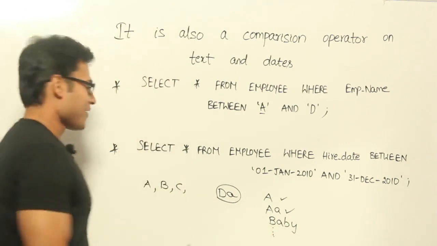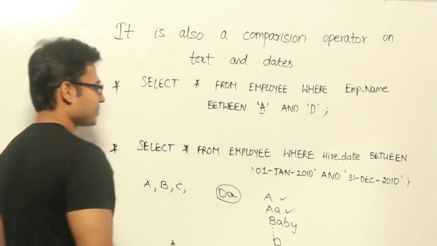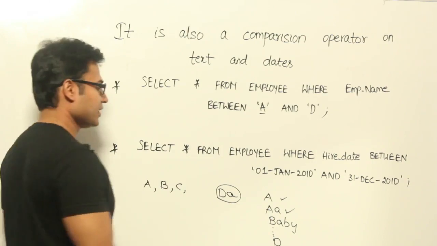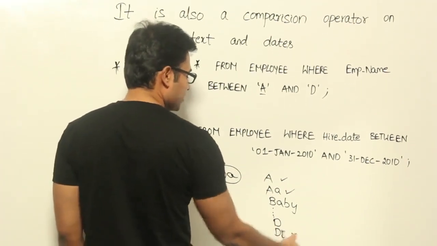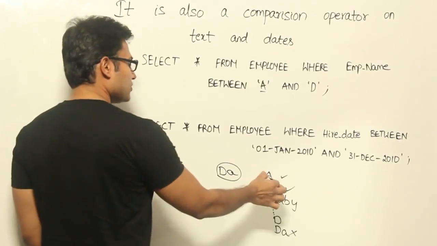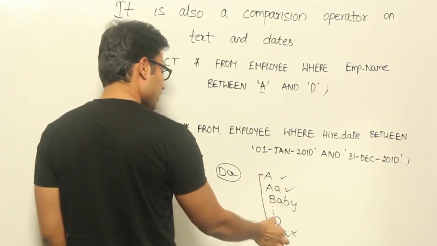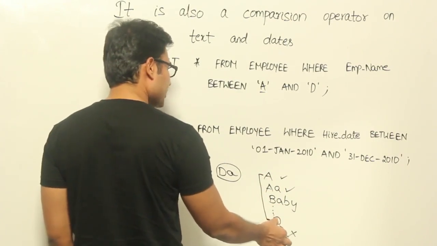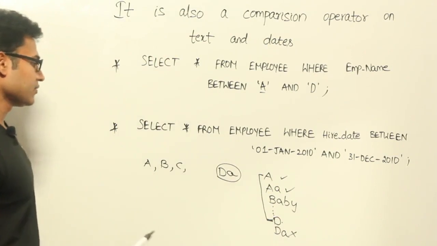Let's say there is a name D, it will be displayed. And if you have a name, let's say DA, it will not be displayed. So all the names starting with A, starting with B, everything will be displayed. And also if there is a name containing only a single character D, that will be displayed, and anything else will not be displayed.